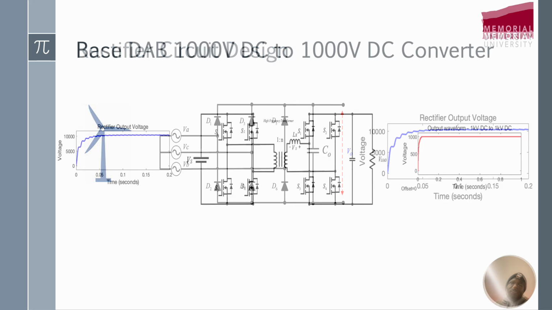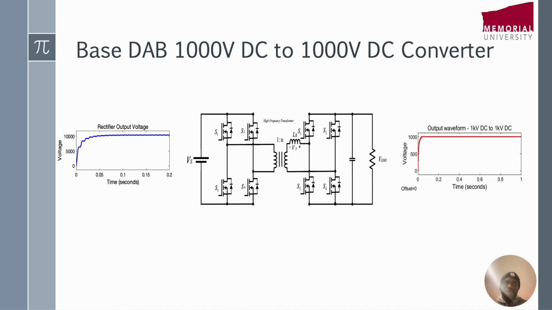This is our base dual active bridge circuit. We designed and modeled a number of converters. What we have here is the base, a 1000 volts DC to 1000 volts DC converter.